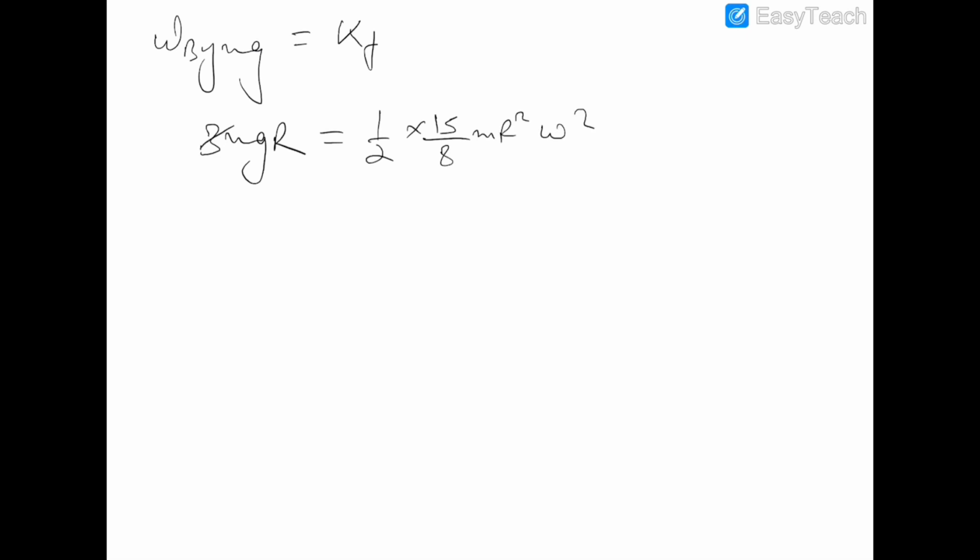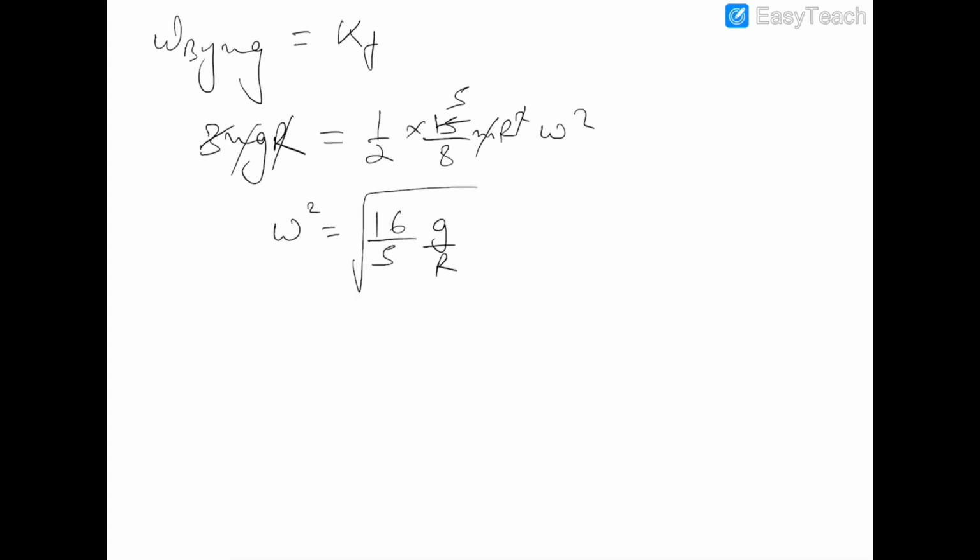So cancelling m with m, r with r, omega square is equal to 16 by 5 g by r root.